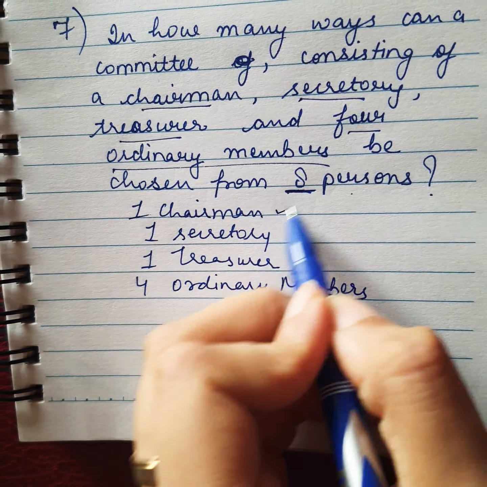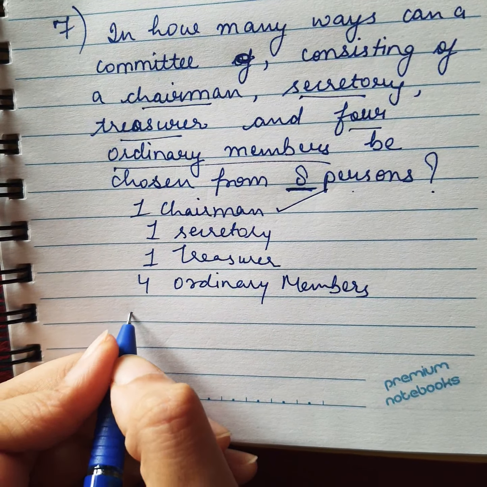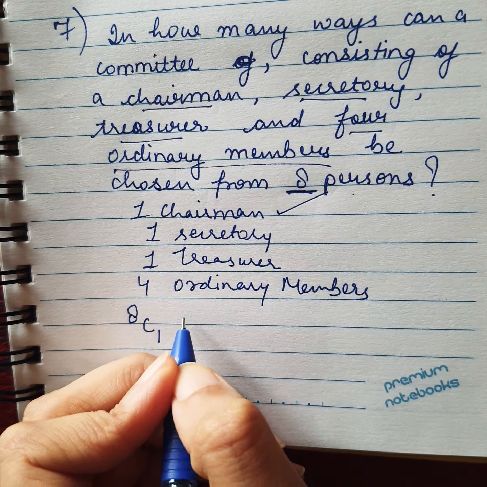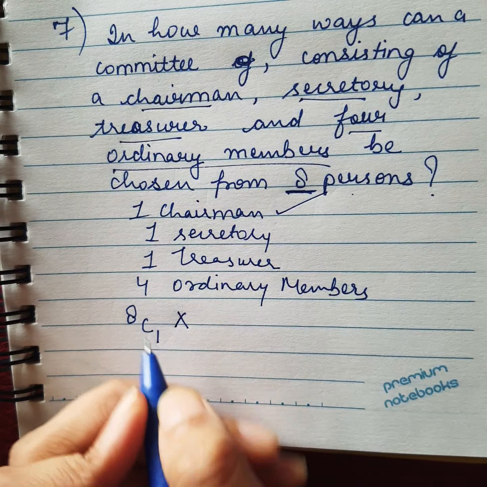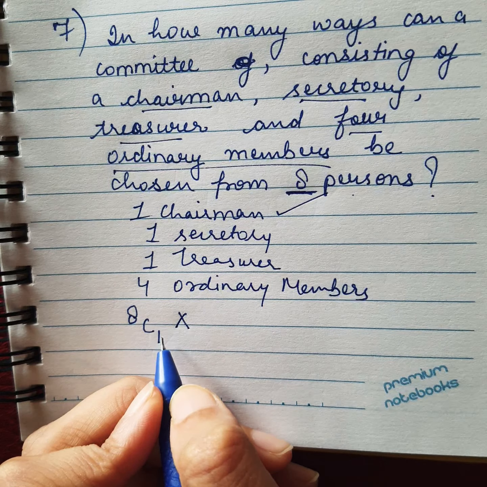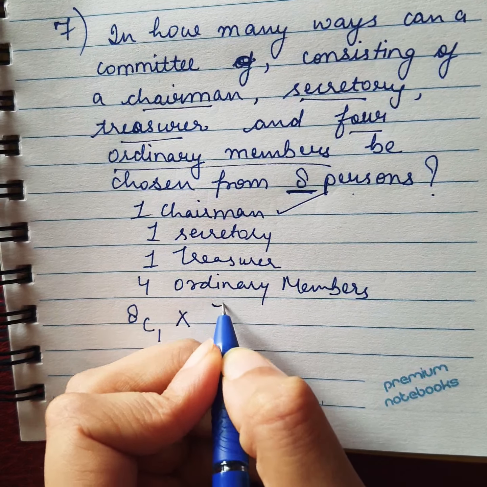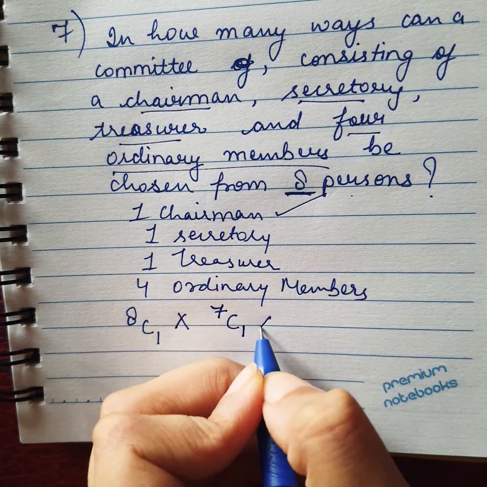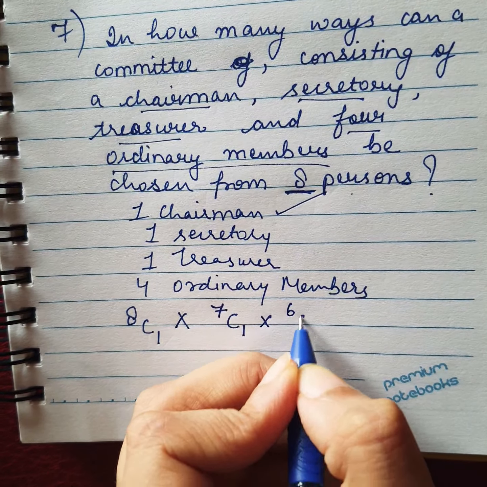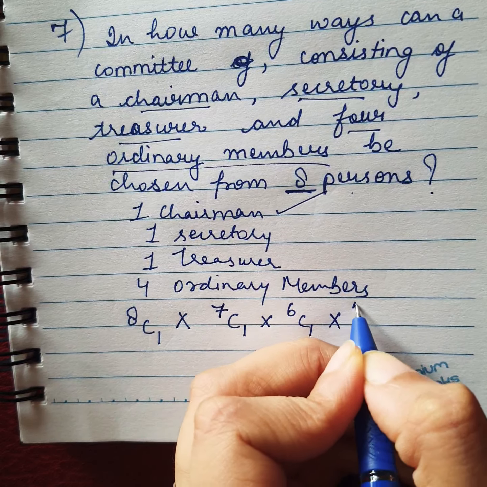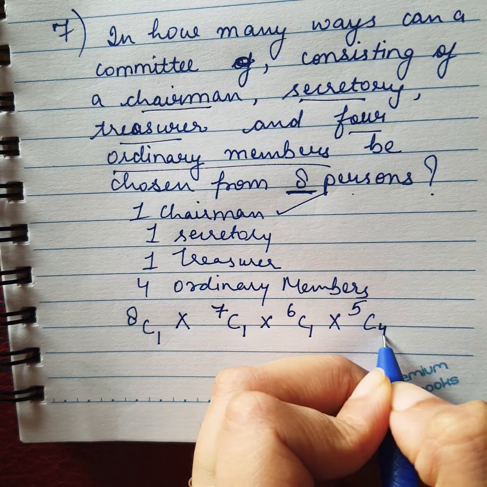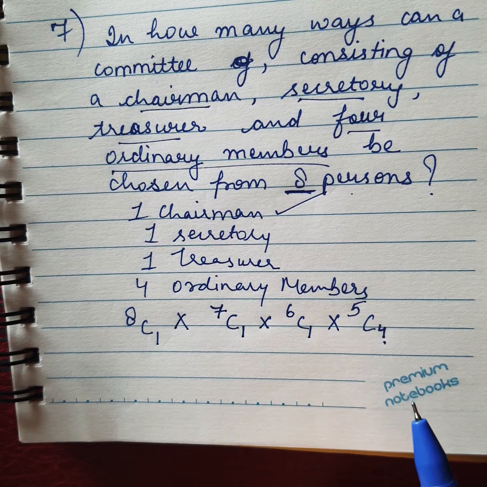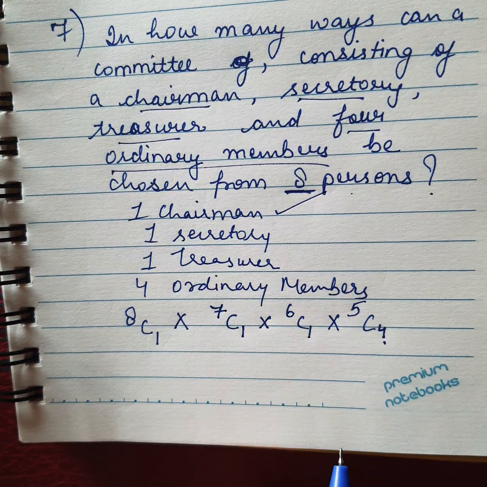First of all we will select 1 chairman. So out of 8 people we select 1, into, now 1 has already been selected as chairman, so 7 people remain, out of 7, 1 secretary. Out of 6, 1 treasurer, and of the remaining 5, 4 will be selected as ordinary members. Solving part I am leaving on you.